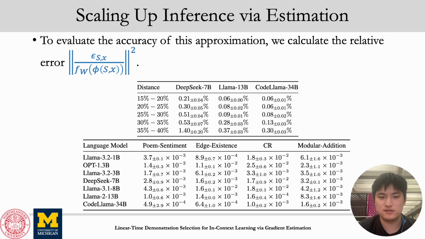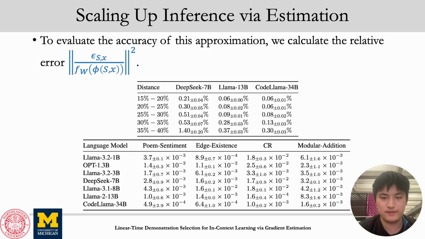Even when the distance reaches 40%, the estimation error is still very low, around 1%.